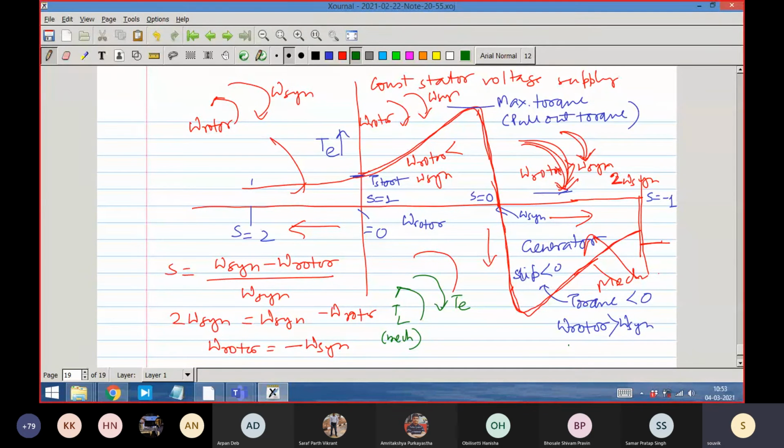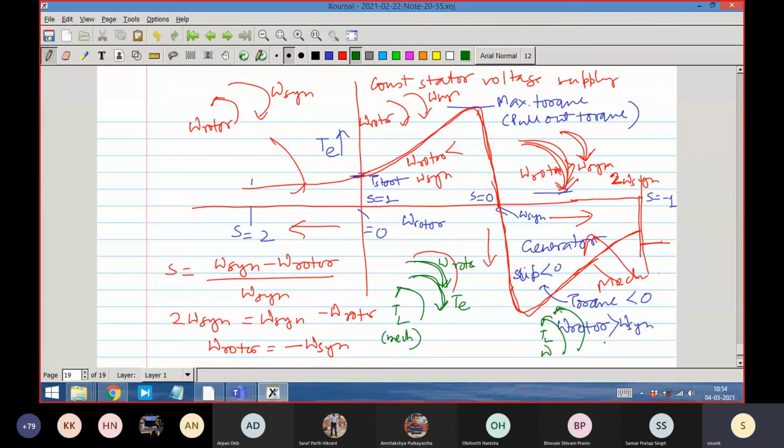Whatever direction the electromagnetic torque is in, the rotation is also in the same direction, so omega rotor is in the same direction.